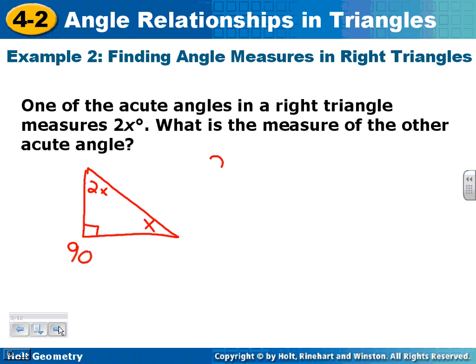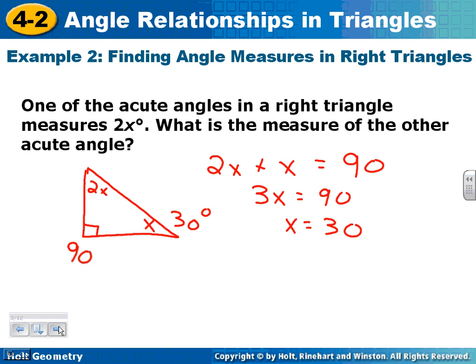That means that 2x plus x, those other two angles, have to add up to 90. Some algebra tells me that 3x equals 90, divided by 3, so x is 30. That means this angle is 30 degrees, and twice that, 2x, would have to be 60 degrees. So 90, 60, and 30 would be my three angles.